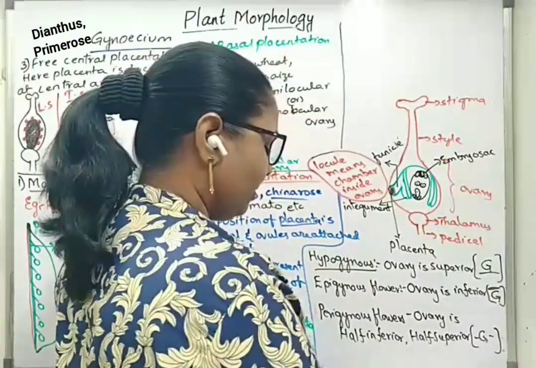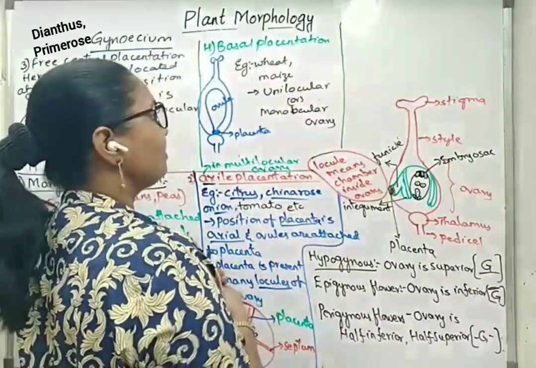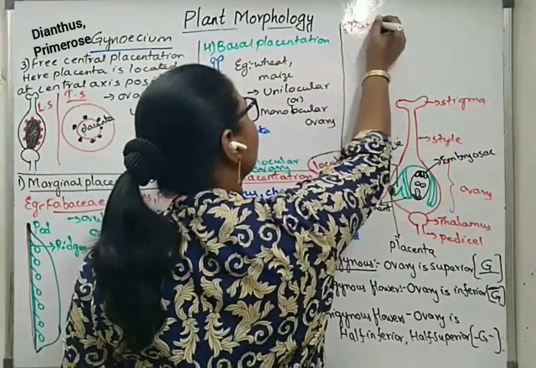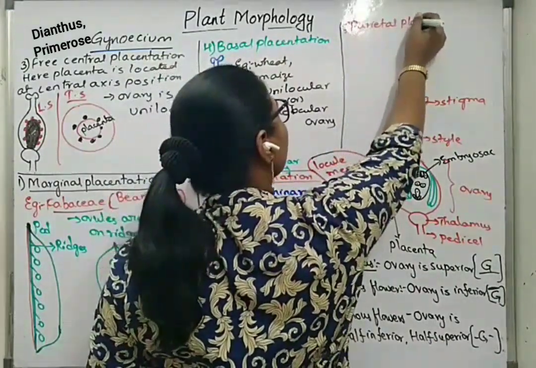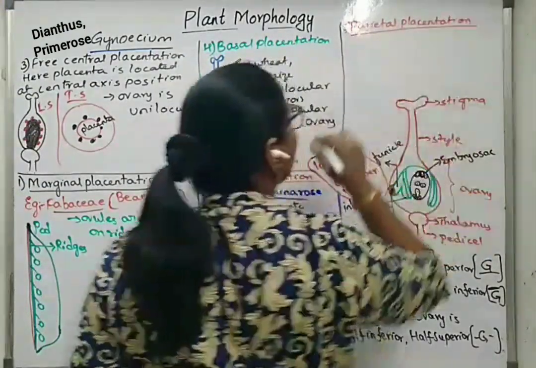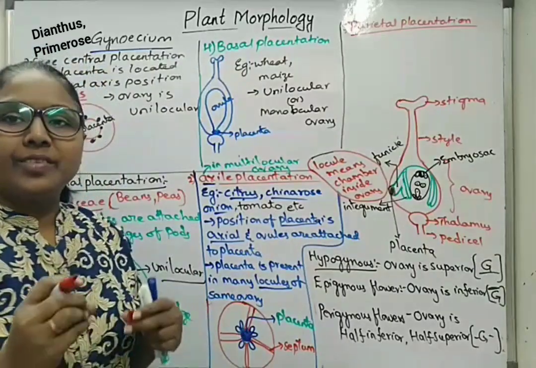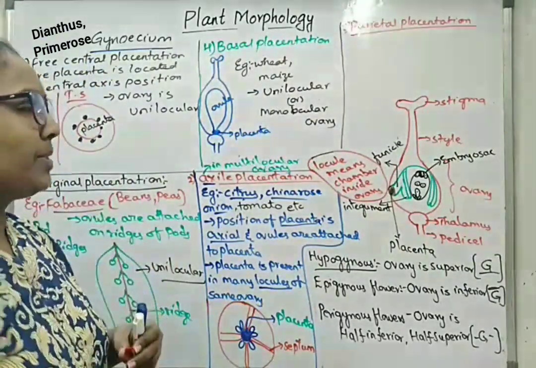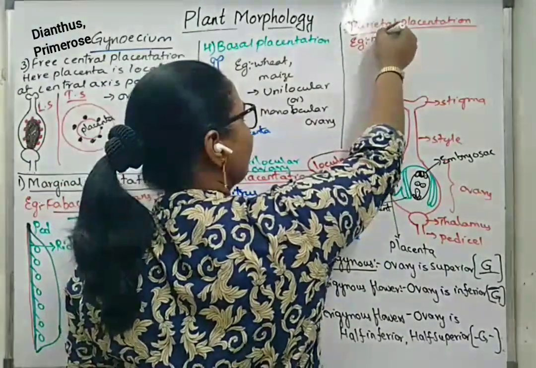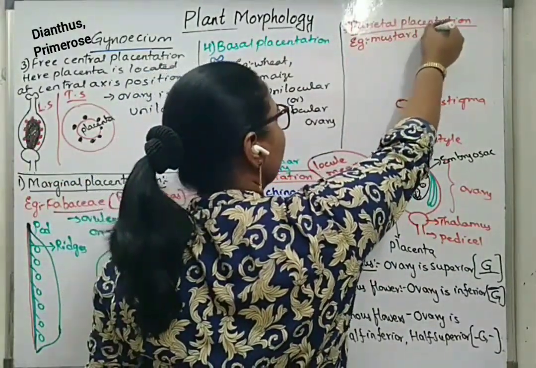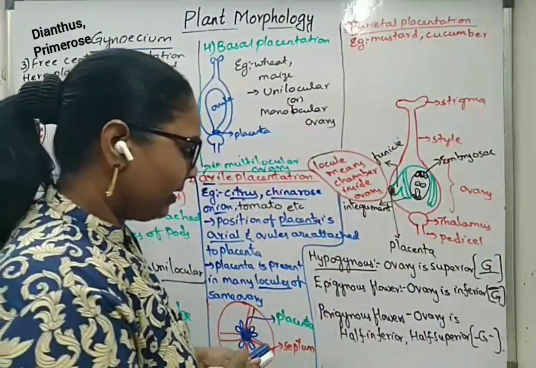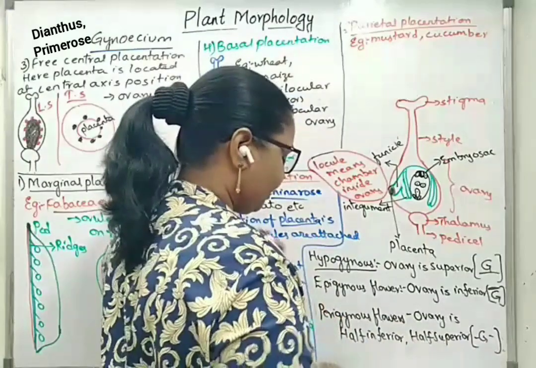Next one, parietal placentation. In case of parietal placentation, we see a false septum that is called replum. So in case of mustard, cucumber, we see such types of parietal placentation. But how?